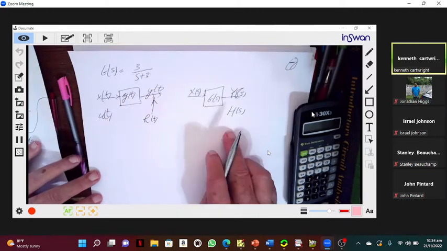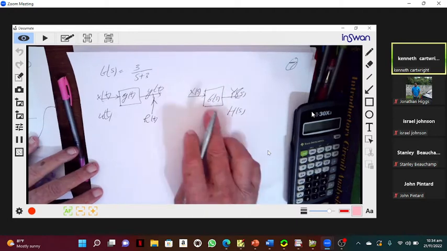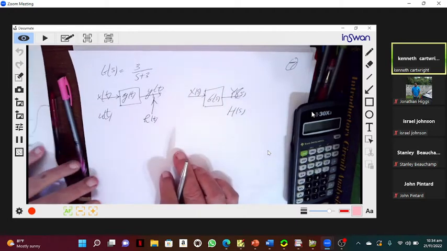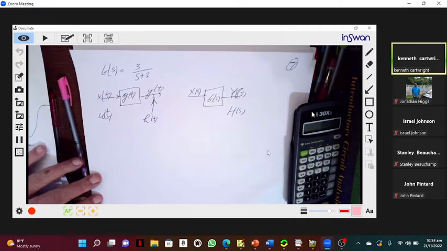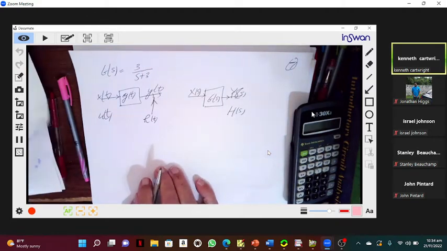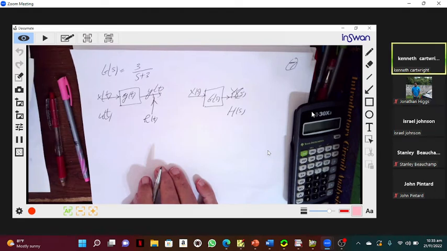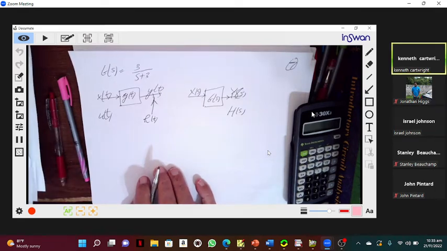And how is h of s related to g of s and x of s? How is the output related to the input? Well, G of S would be the output over the input.